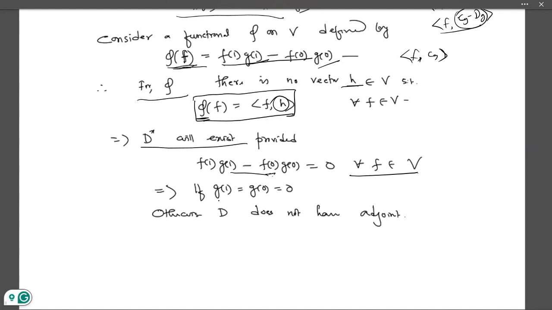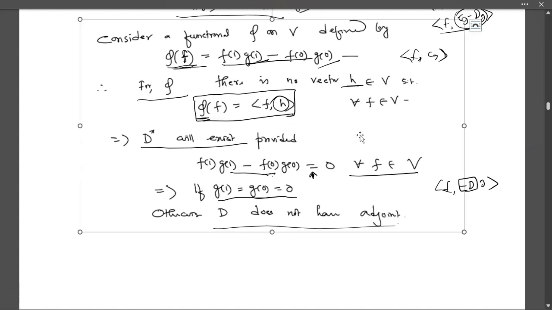From here you conclude that g of 1 and g of 0 are the same, and this would be 0. Otherwise d does not have an adjoint. So if g0 equals g1 equals 0, then d has an adjoint, and it is minus d applied to g. Minus d is your d star.